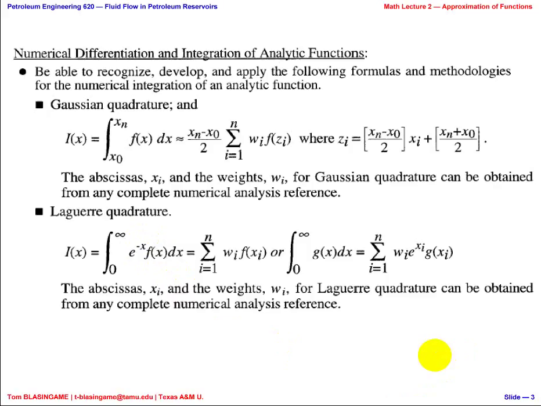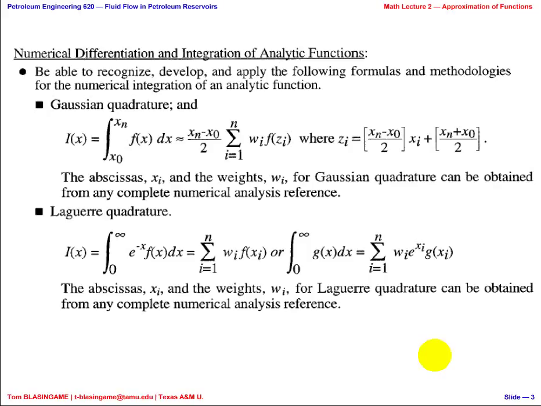Okay, so making a slight variable change in the Laguerre integral gives you the Laplace transform. So this will be useful for us if we want to use this to calculate the Laplace transform of an analytic function. There are methods in the literature of using Laguerre quadrature for an inversion of Laplace transforms.